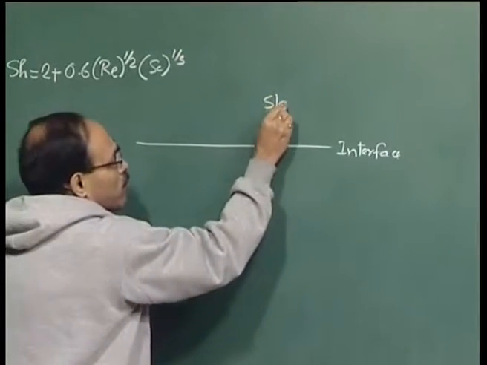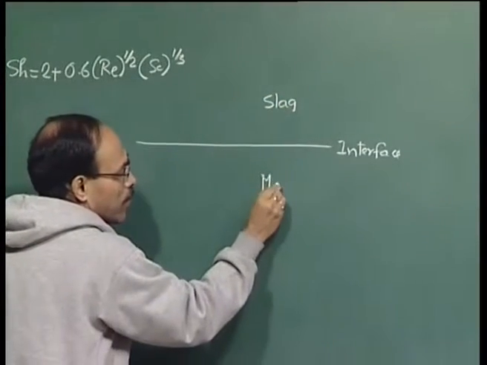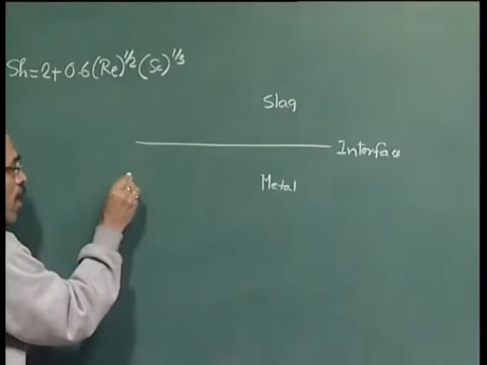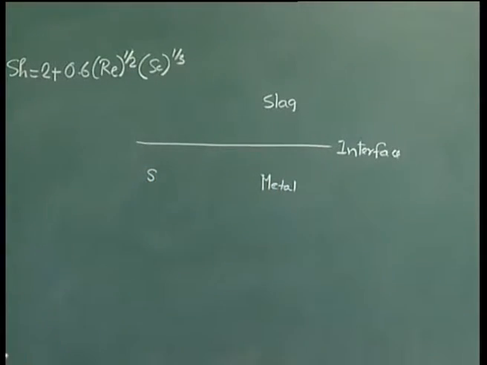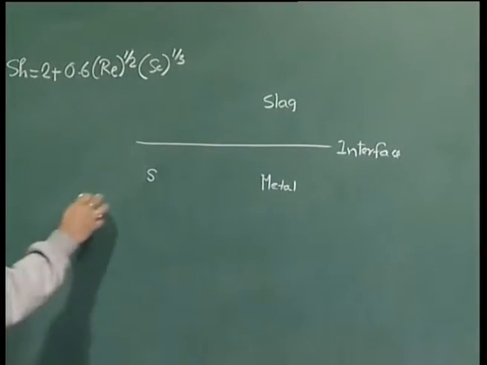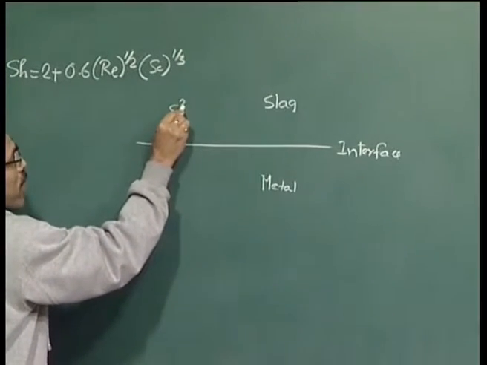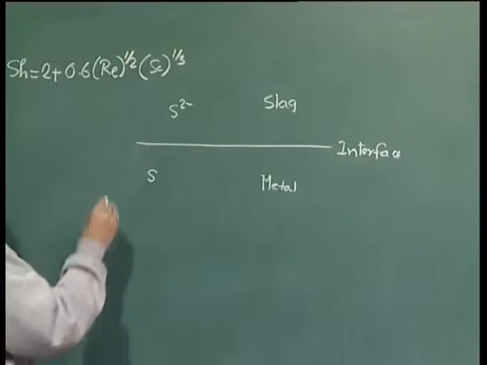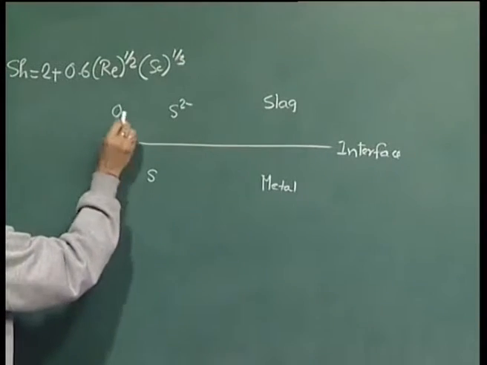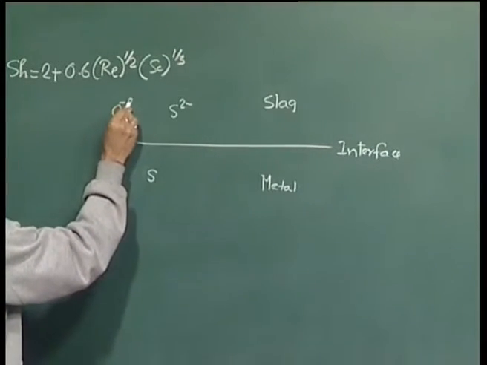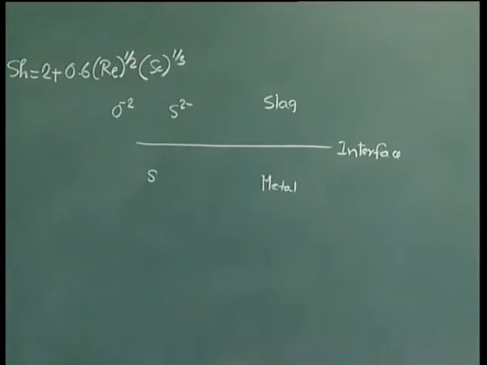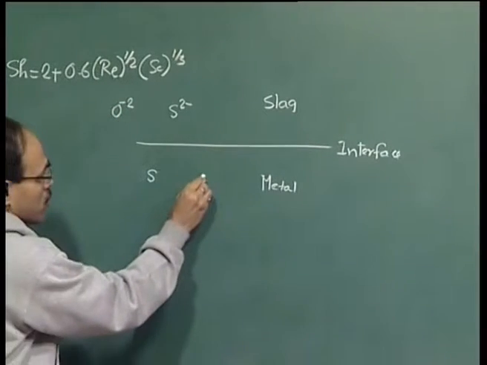I say slag because I am going to use S and metal, and then we have sulfur in the metal, and eventually sulfur 2 minus in the slag. So, we have oxygen 2 minus in the slag, and what happens is that we get oxygen in the metal.